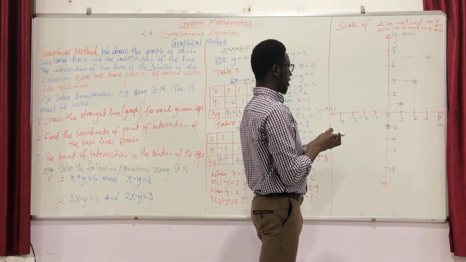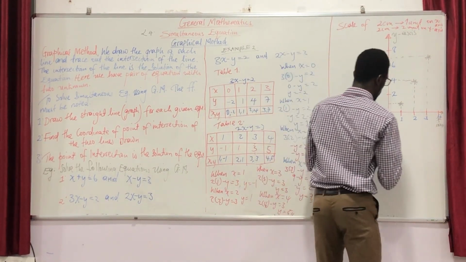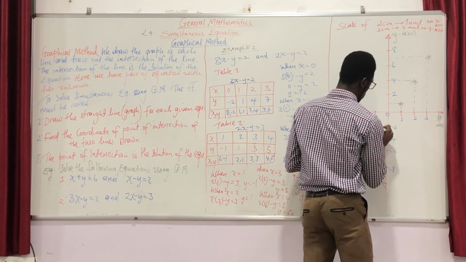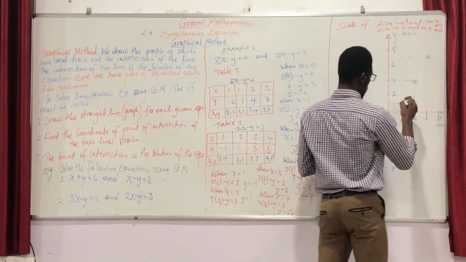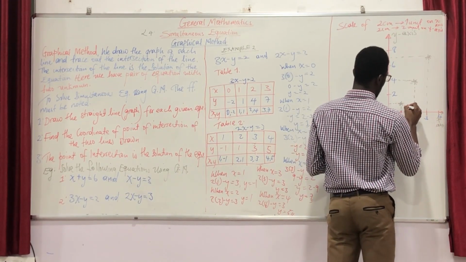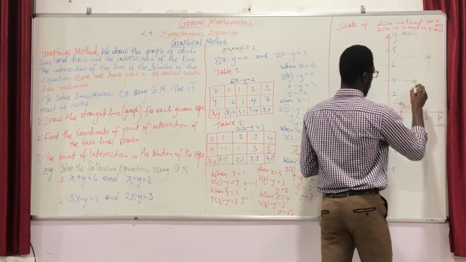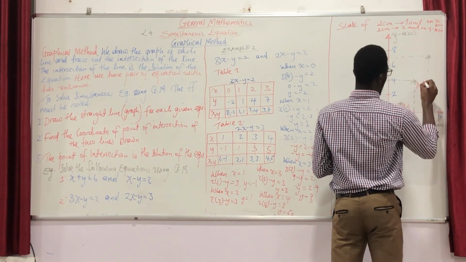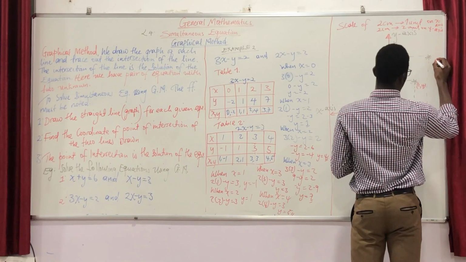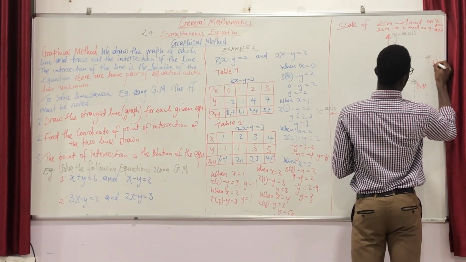So again, we can label our coordinates. Here we can say 0, -2. Here we can say 1, 1. Here we can say 2, 4. Here we can say 3, 7.